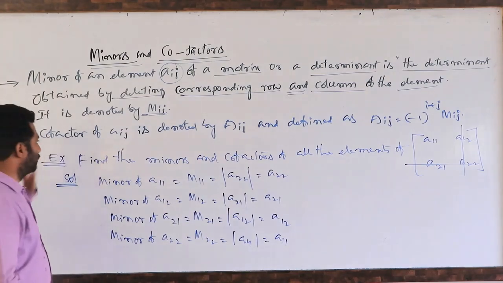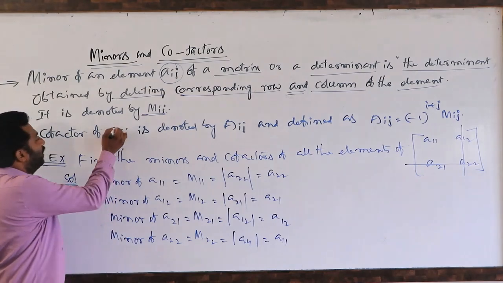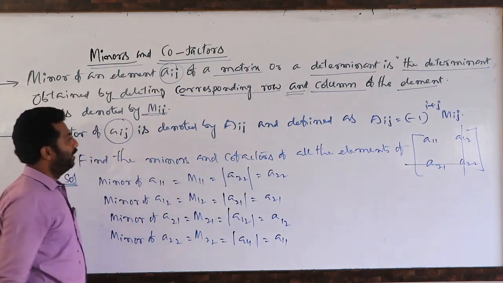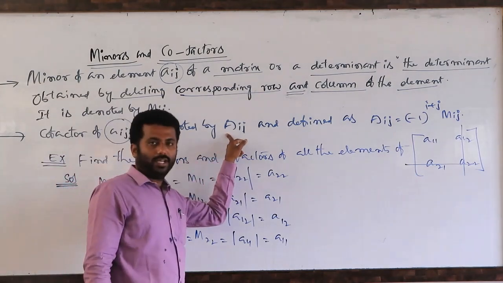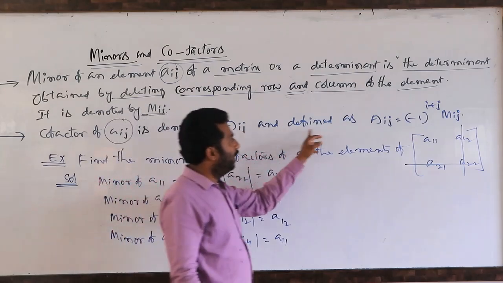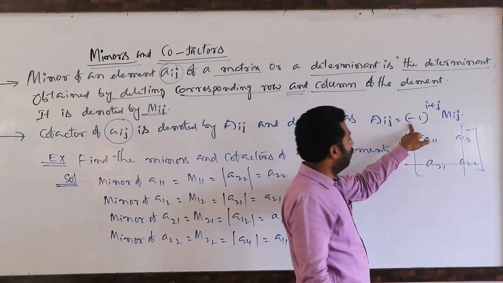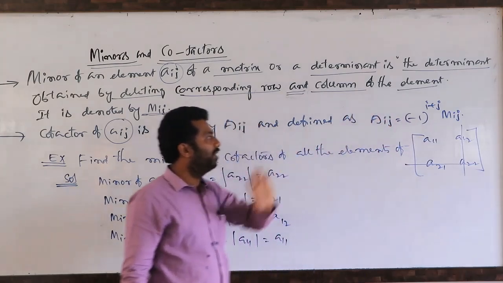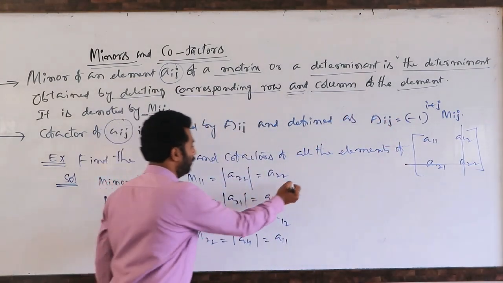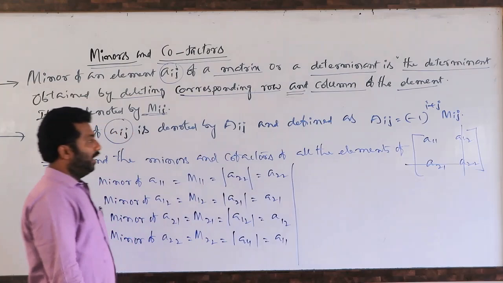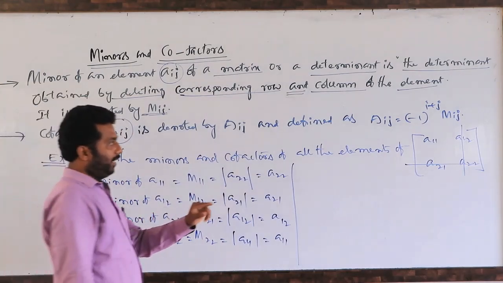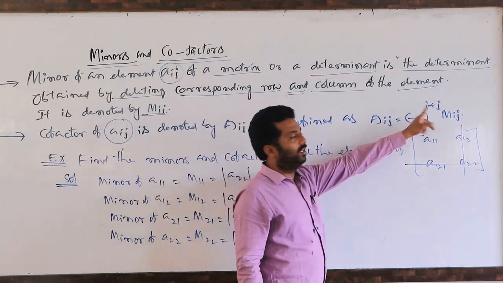Then cofactors. The cofactor of an element Aij is denoted by capital Aij. We define Aij equal to minus 1 whole power i plus j into Mij. Minors and cofactors differ by minus 1 whole power i plus j.